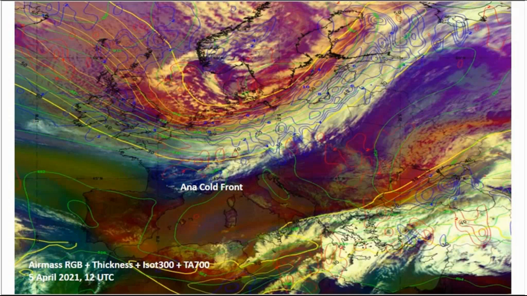So basically we have the isotachs going parallel with the front, and inside of the front the thickness gradients are also inside of this cloudiness in the green isolines, and as you can see as well, the blue isolines and contours is the very strong cold advection that is also located inside of the frontal cloudiness, which is very typical for the ANA cold front.